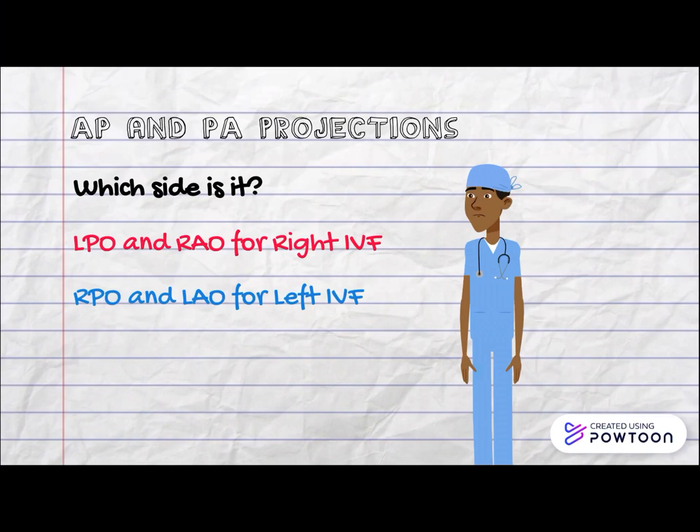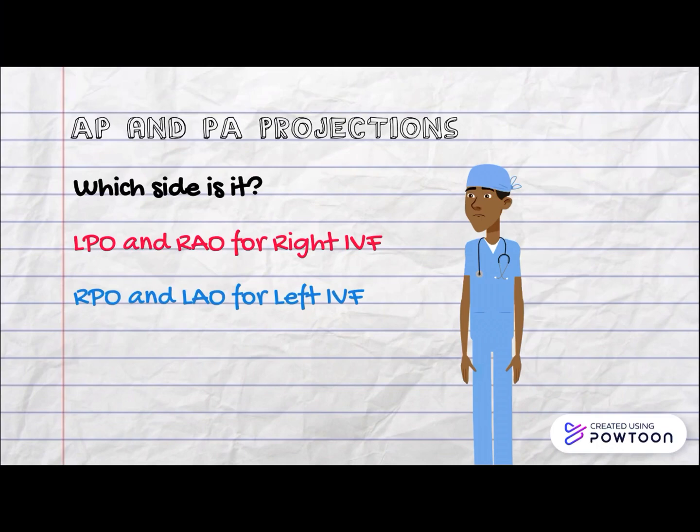Knowing this will be important for exam purposes when asked questions pertaining to patient positioning and which IVFs are being viewed. Anterior obliques generally show the same side IVFs, and posterior obliques show the opposite side IVFs.